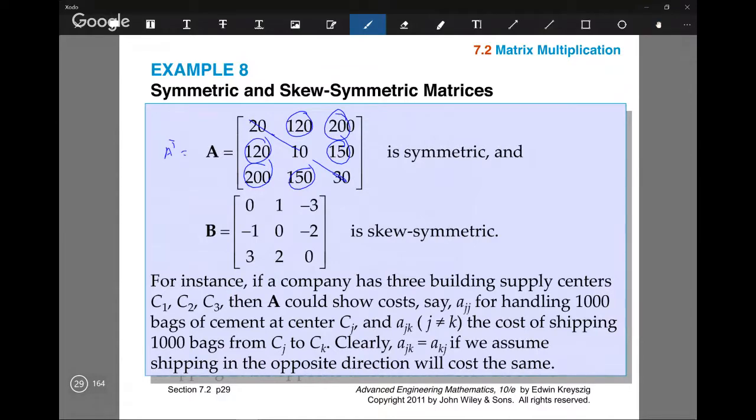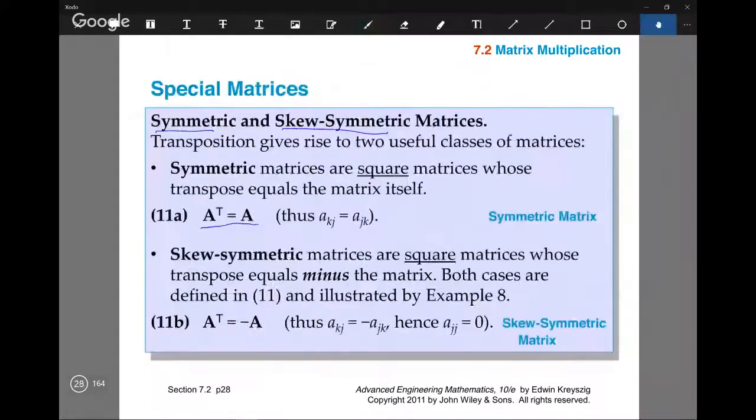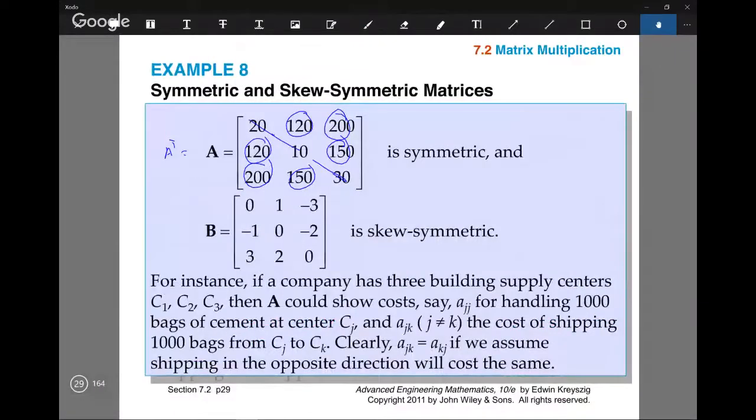A skew-symmetric matrix is a square matrix whose transpose is the negative of the matrix. So here's an example. 1 is the negative of -1. The -3 is the negative of 3, and -2 is the negative of 2. Therefore, this is skew-symmetric.